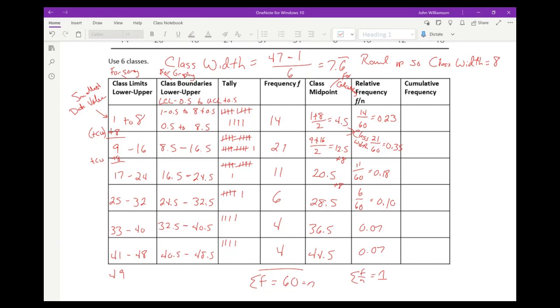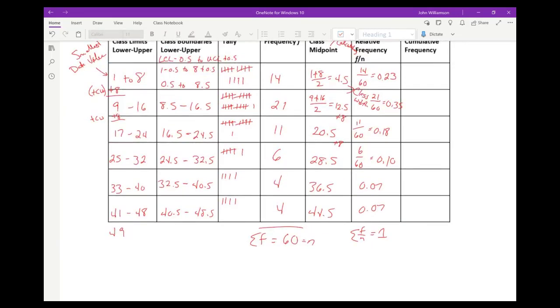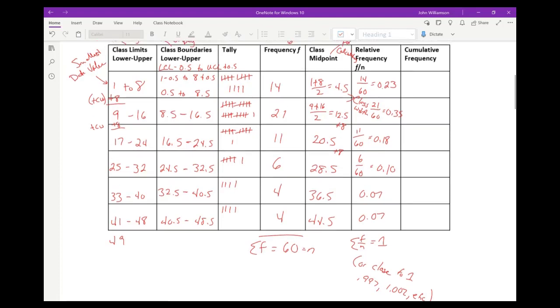Because we're rounding these decimals, it might be something like 0.997 or 1.002. That's fine. As long as it's close to 1, we can accommodate that rounding error and know that it's still close enough. If you're getting some of your relative frequencies that's 0.87 or 1.5, you've probably done something wrong somewhere. Go back and check your frequencies or your relative frequencies if your frequencies checked out, right? But it's another spot to check. Make sure you haven't messed up somewhere.